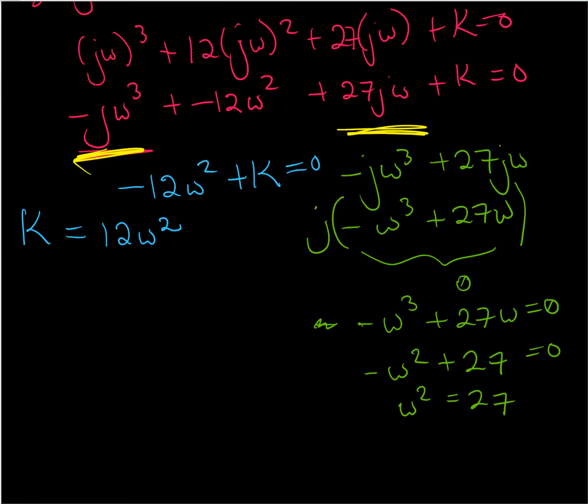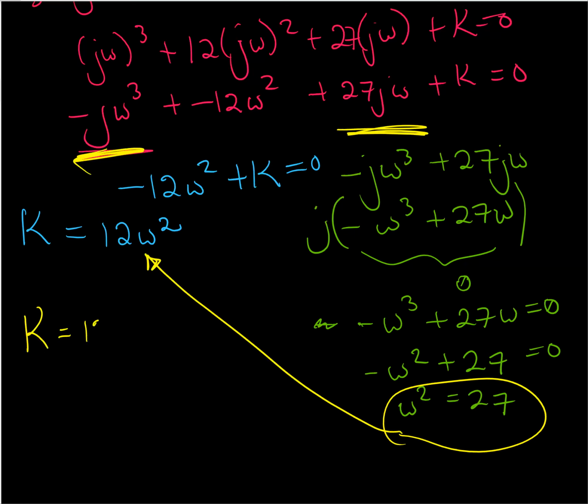Then I can take that value and sub it into here to find that k equals 12 times 27, which is 324. So that gives us the value of k for which we will go unstable.